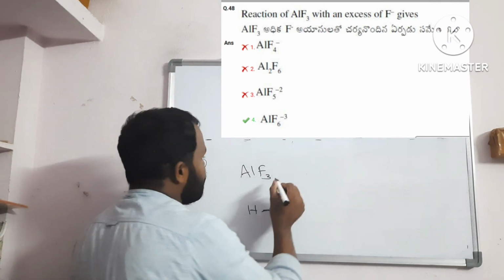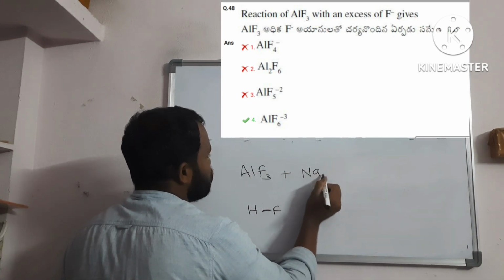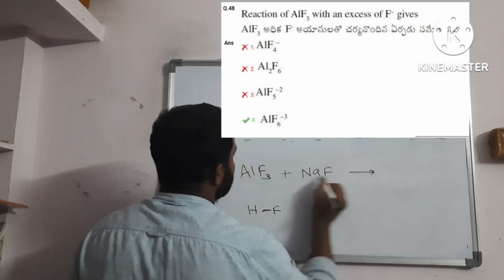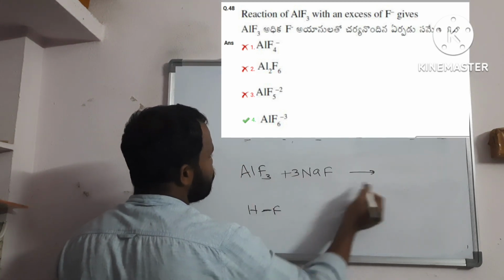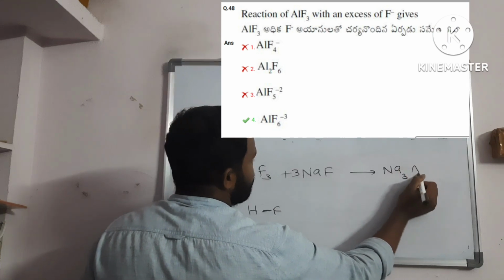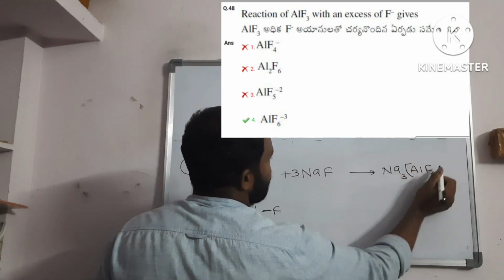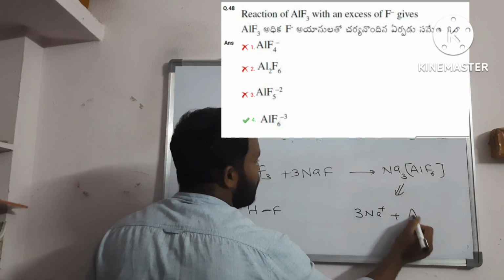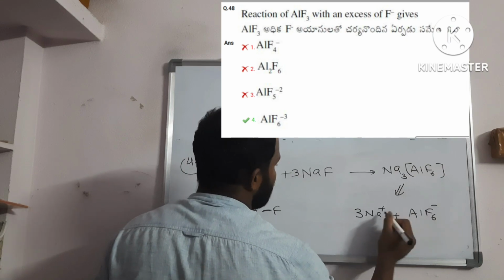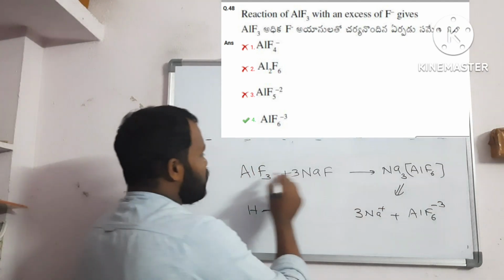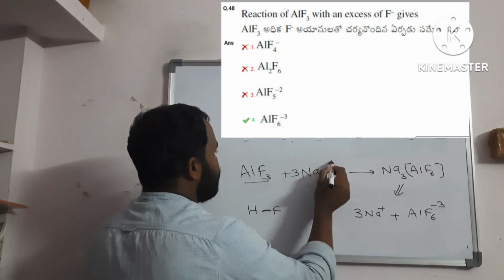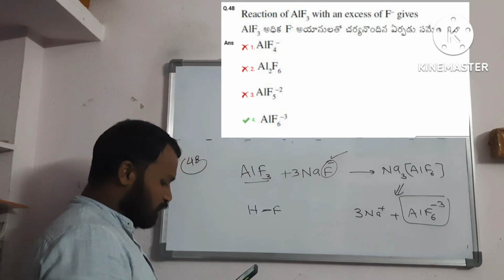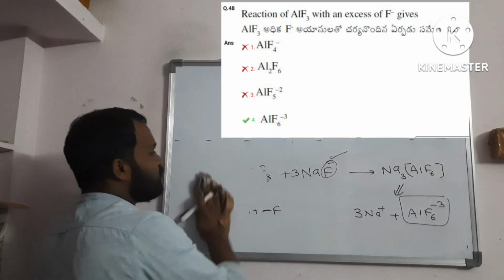But AlF3 reacts with NaF, sodium fluoride, very easily because it is an ionic bond. With 3 moles, you will get Na3AlF6. If you break this, you get 3 Na plus ions plus AlF6 3 minus. So AlF3 reacting with excess F minus gives AlF6 3 minus. So option number 4 is correct.